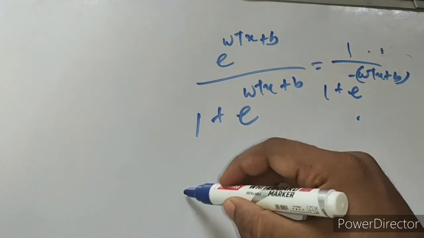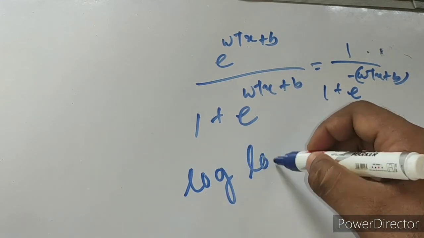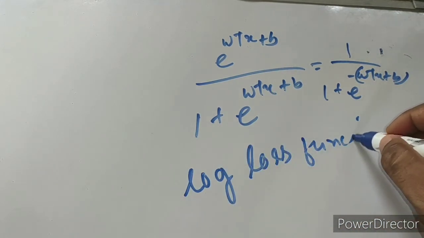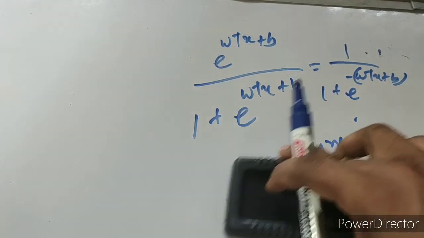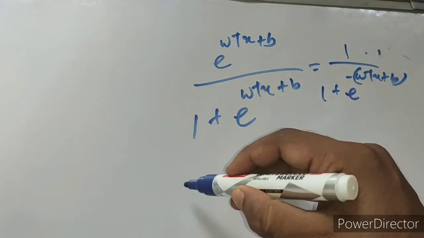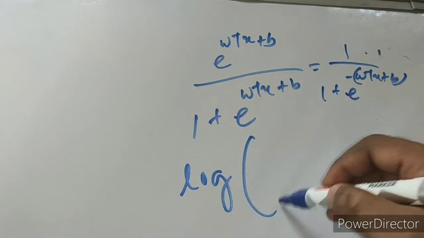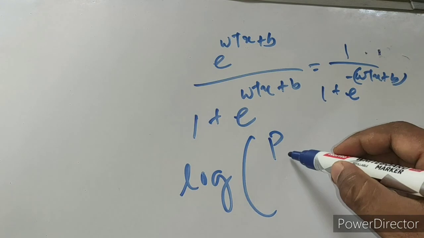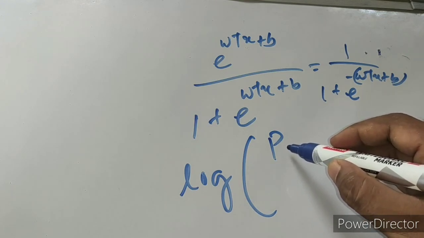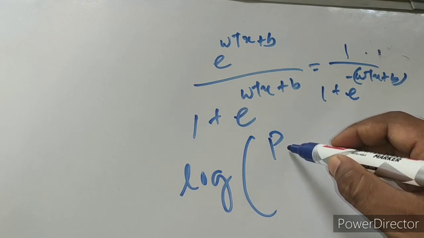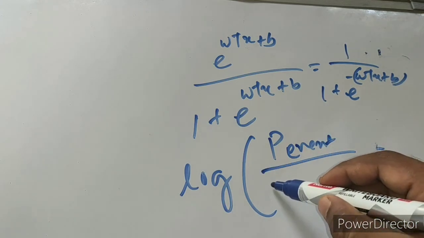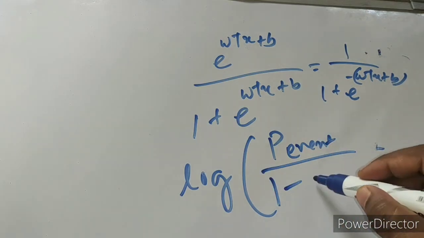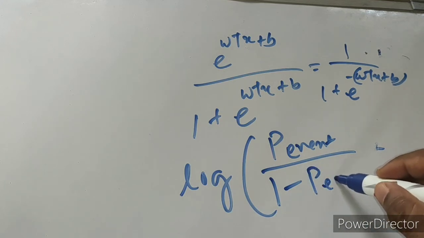Here one thing we need to understand: the log loss function is used. What is the log loss function? The log loss function is the logarithm of the probability of the event occurring divided by the probability of the event not occurring.